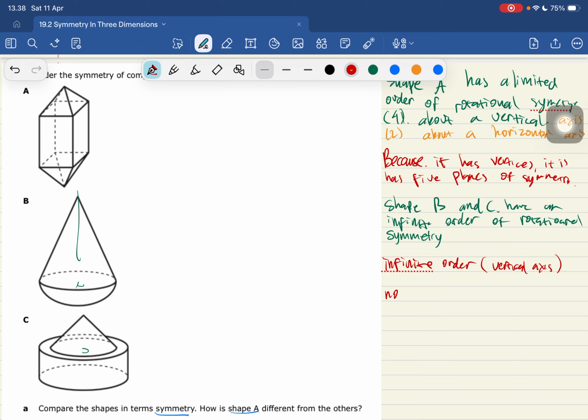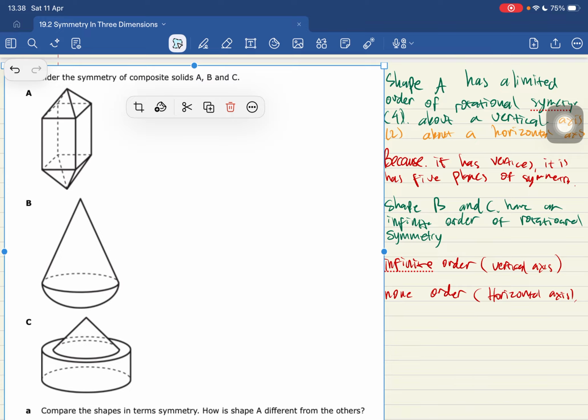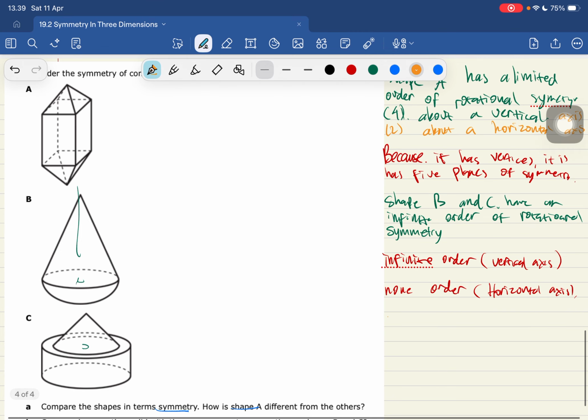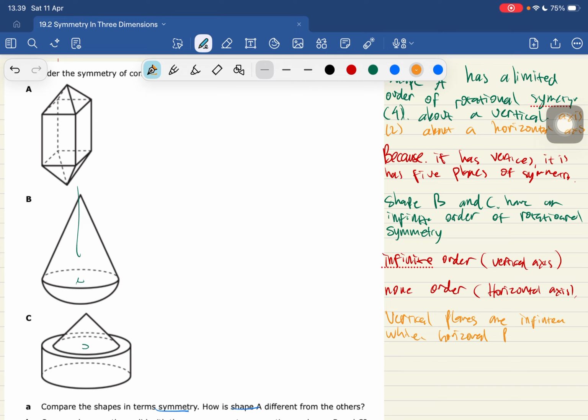However, it is non-order if we are using the horizontal axis. That means they also have an infinite number of vertical planes, so vertical planes are infinite, while horizontal planes are none. So there is none.